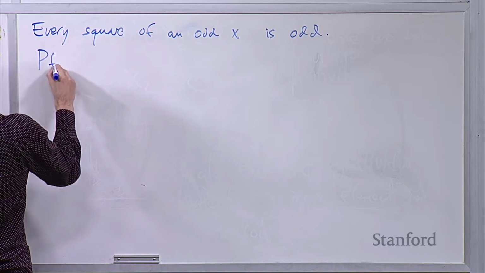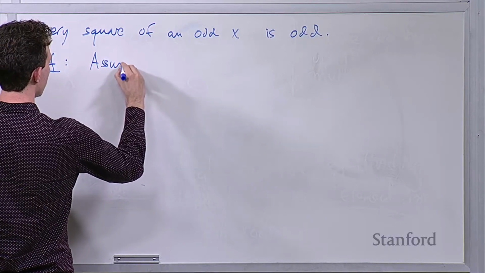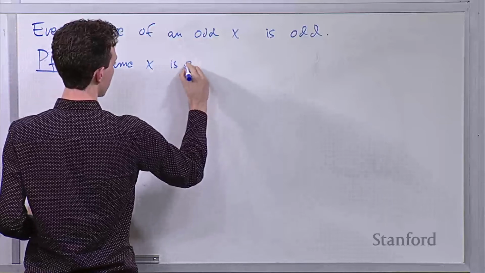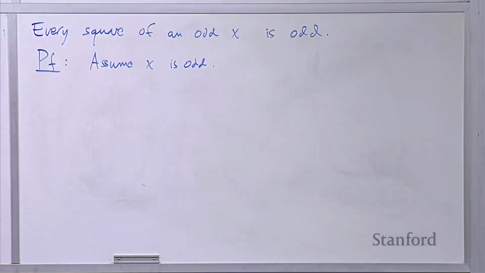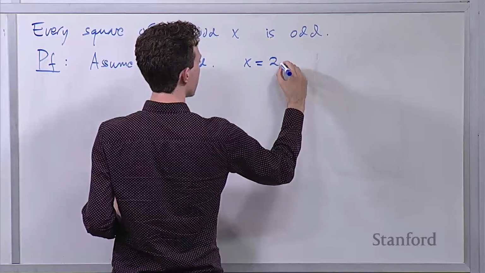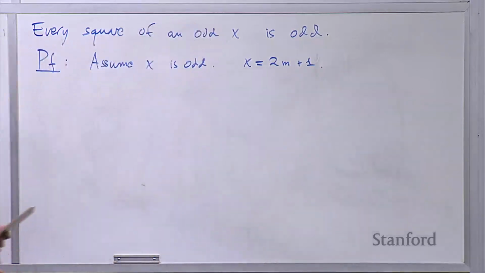And so in this case, we would say, assume that we have some element x, which is odd. And now we're going to say, what can we do with the statement in order to get to our conclusion? So we can write x as 2 times some number m plus 1. And this is just sort of by our assumption that x is odd.